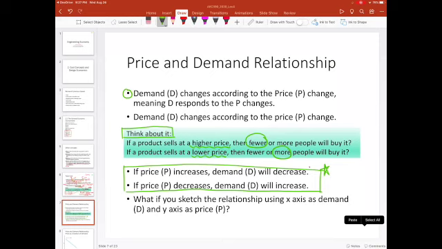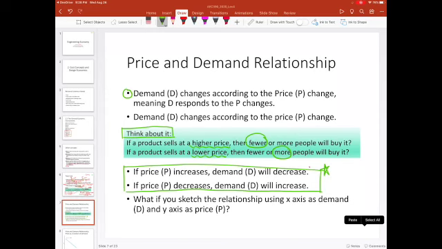And if price decreases, something is cheaper, then demand will increase. That's very easy to understand. If it's cheaper, more people buy it and you sell more, so demand will increase. This is the conclusion of the relationship between price and demand.